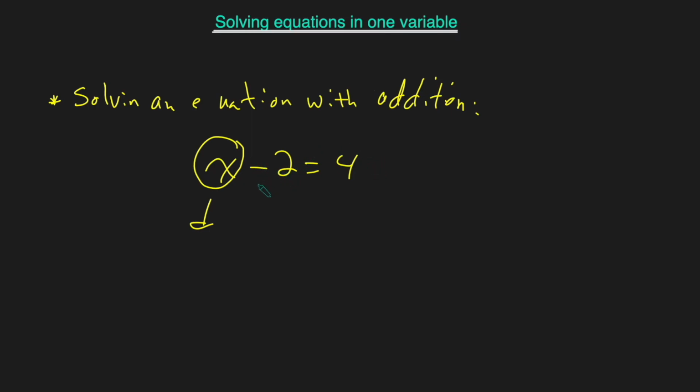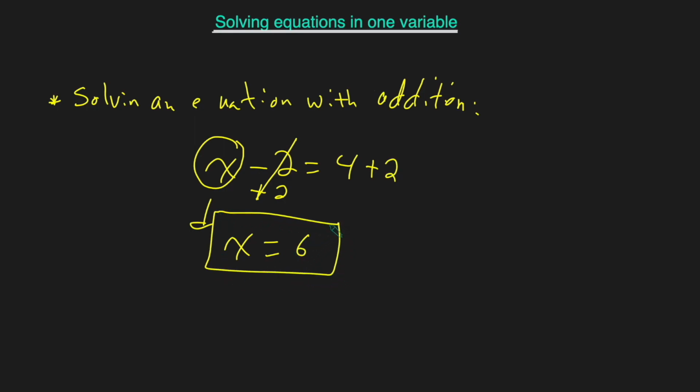The way to do that is to do the opposite of the minus 2. The opposite of minus 2 is plus 2. Now minus 2 plus 2 is 0, and that vanishes, but I have to add 2 to the other side. The x comes down, and now 4 plus 2 is 6. So we say this is the solution of the equation.